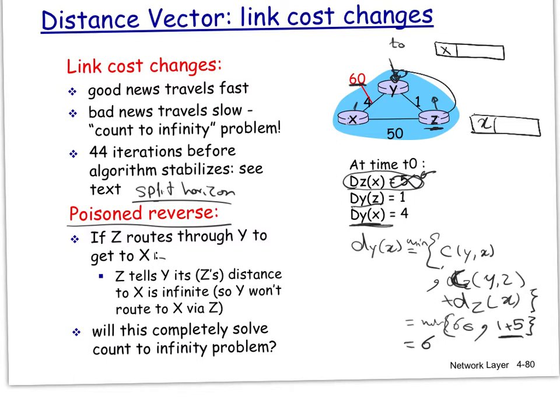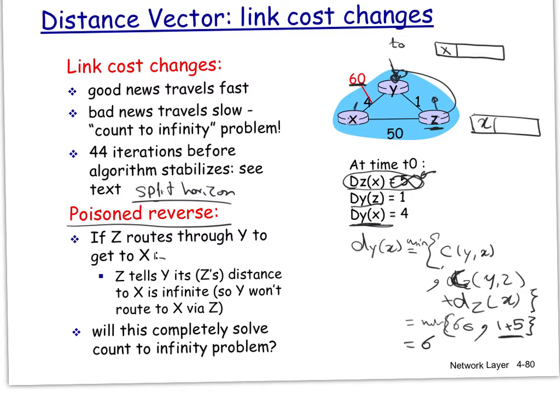If I know some information from you, I should not flip it back to you. Okay? Because the main source of this information is you. So if Z knows that the distance that it has for X is coming from Y, it should inform Y that the distance to X is infinity.